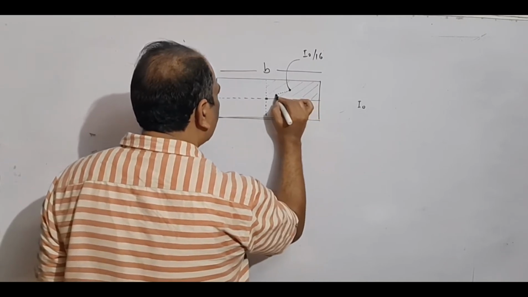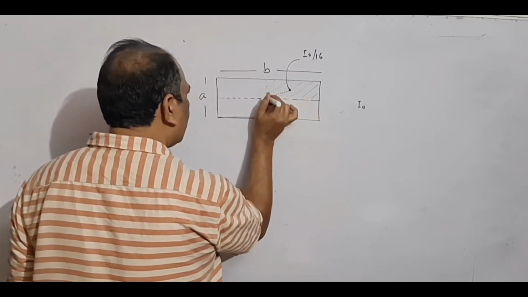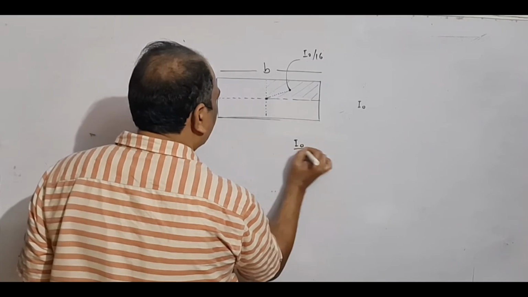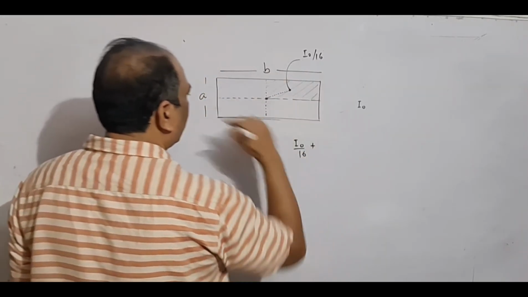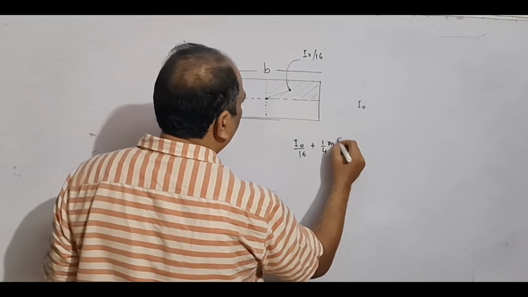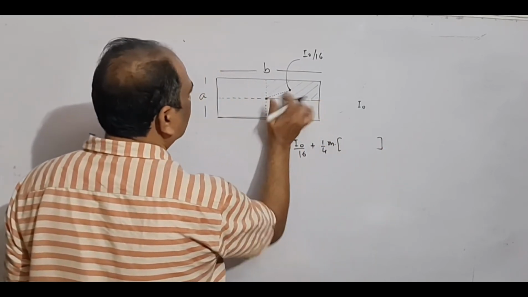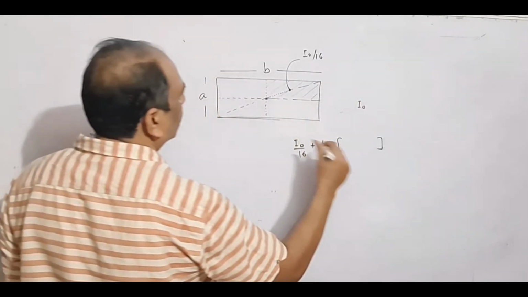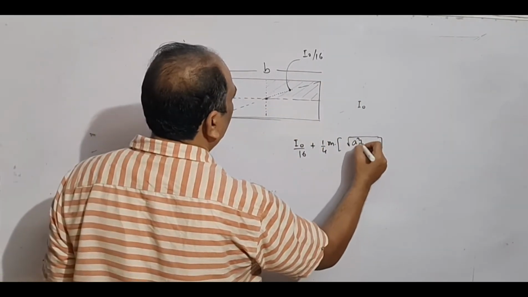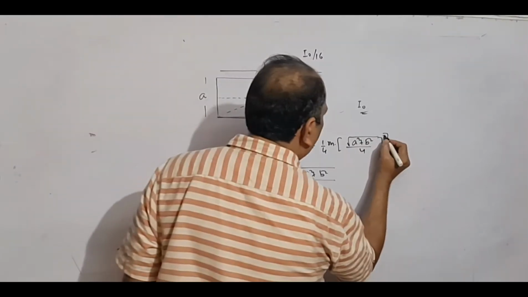Then shift this axis from this position to this position. So it will be I0 by 16 plus the mass of this subpart, which will be 1/4 of the total mass, into this shifting square, and this shifting is actually 1/4 of the total diagonal length. So that is under root a square plus b square by 4, it's a square.